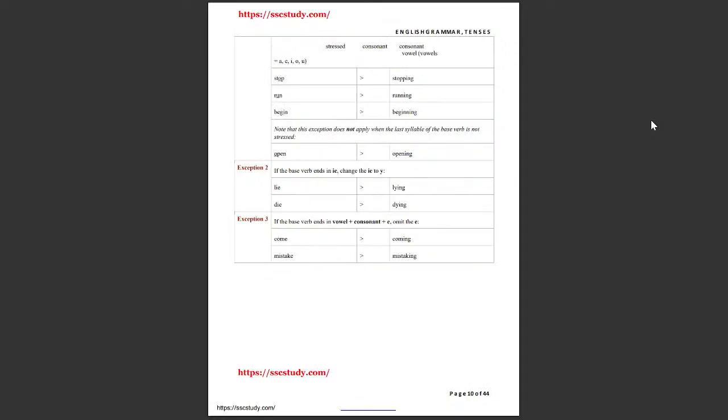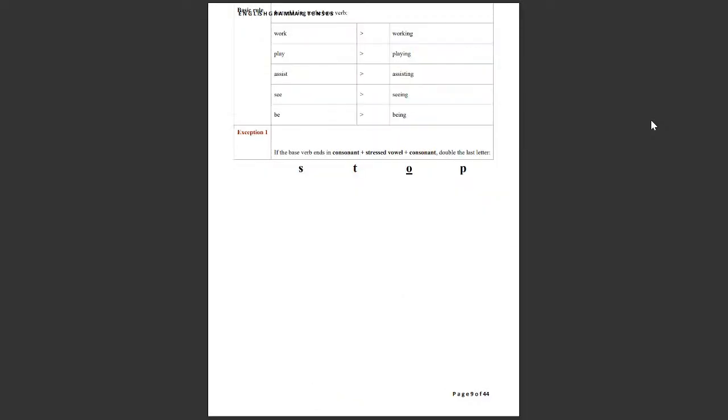We already know about the vowels, A, E, I, O, U, and here in stop, P is a consonant sound. So we will be adding one more P: stopping. Whenever a stressed vowel plus consonant comes, we have to double the letters.